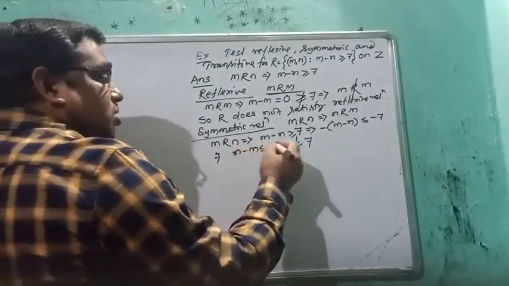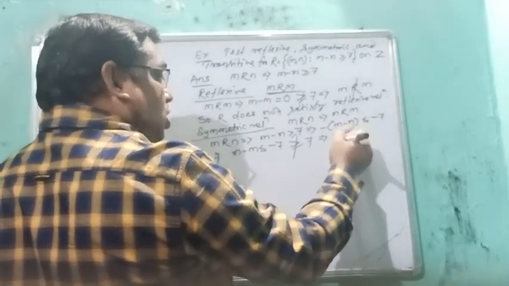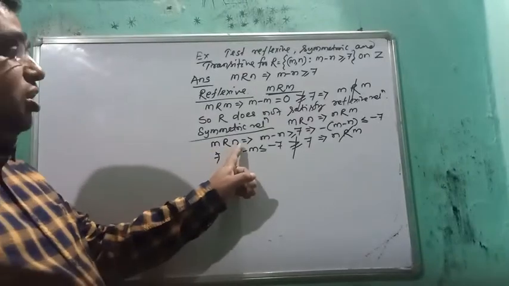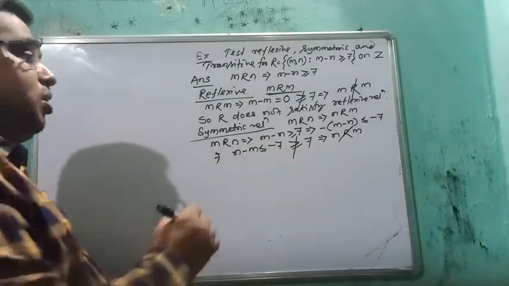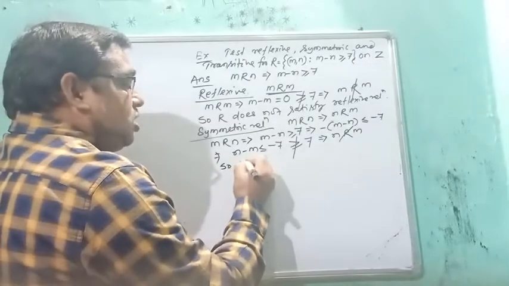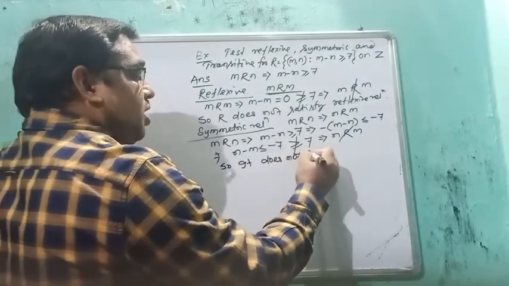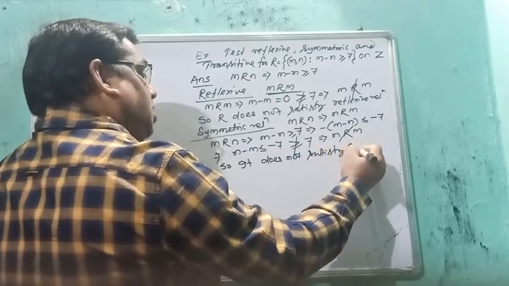So n minus m is not greater than or equal to 7. So n is not related to m, though m is related to n is given. So it does not satisfy the symmetric relation.